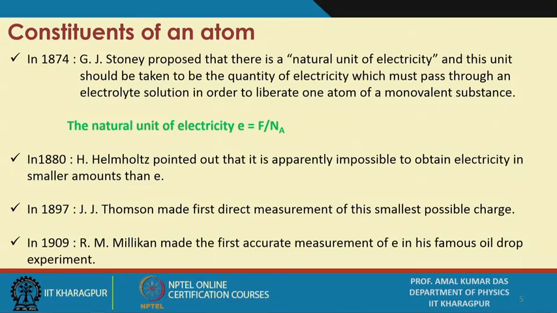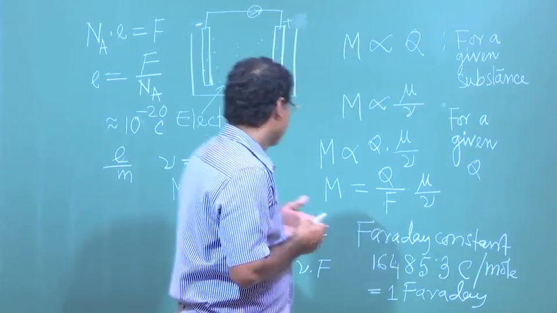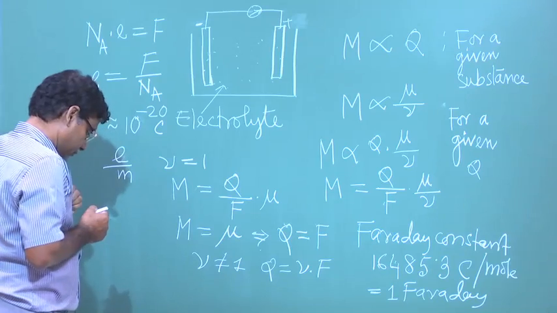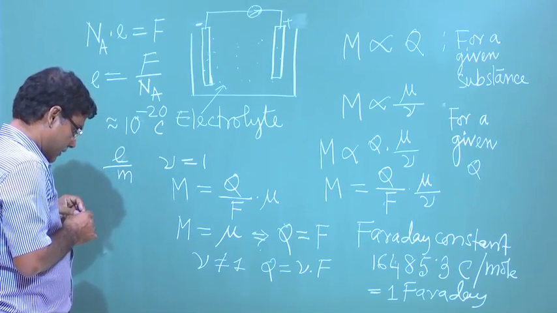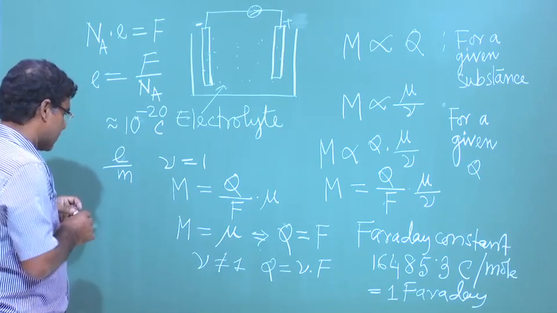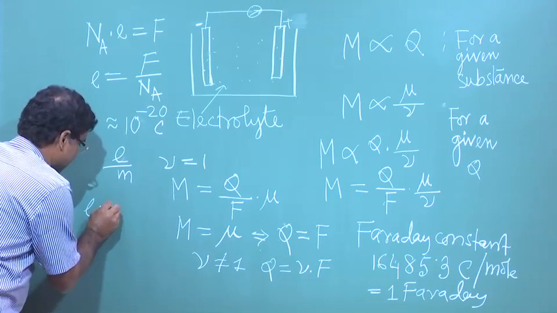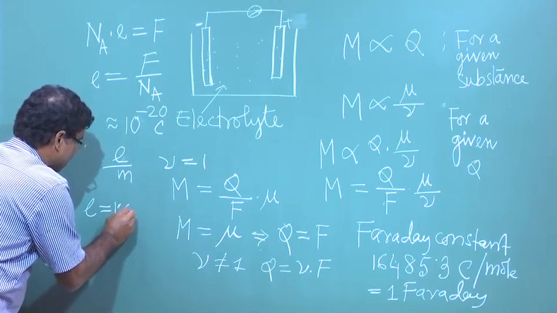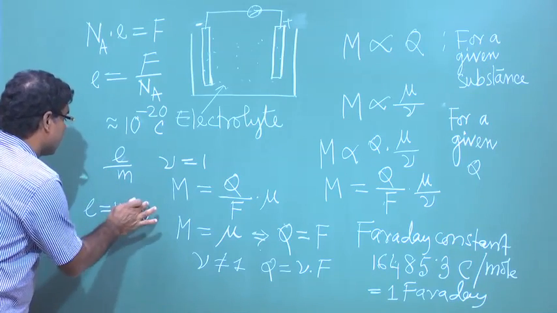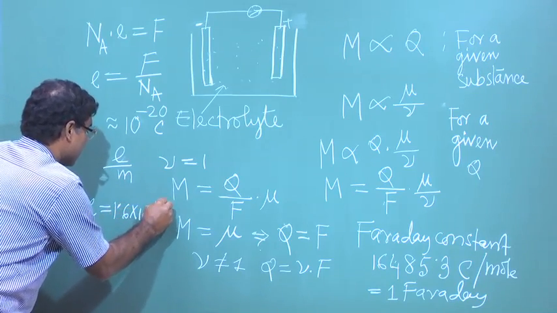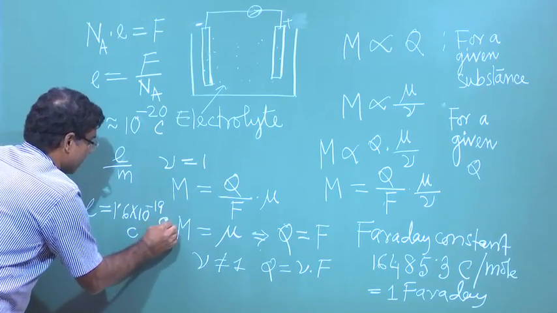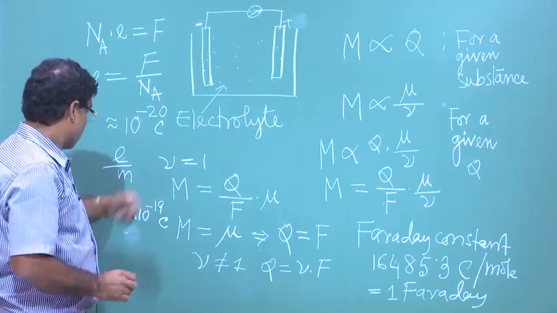In that experiment he directly measured the value of E, the value of the smallest amount of charge. That value was found to be 1.6 into 10 to the power minus 19 coulomb.